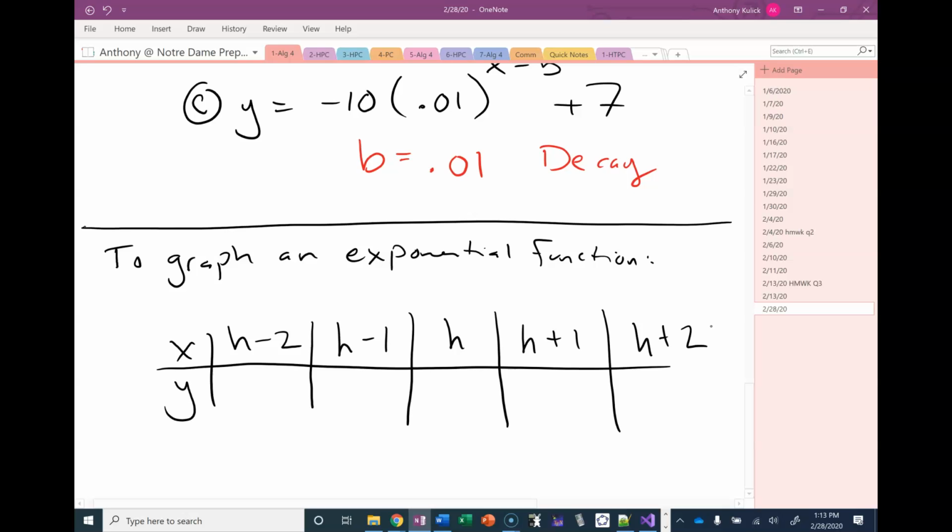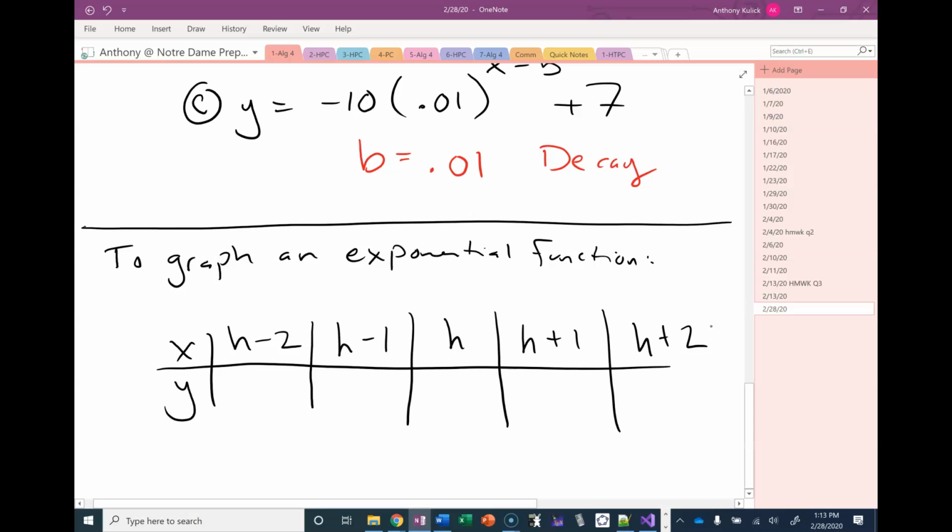So I'm going to pick my values for x as h minus 2, h minus 1, h plus 1, and h plus 2. So I'll do it that way kind of every single time. So this is kind of like our little formula.